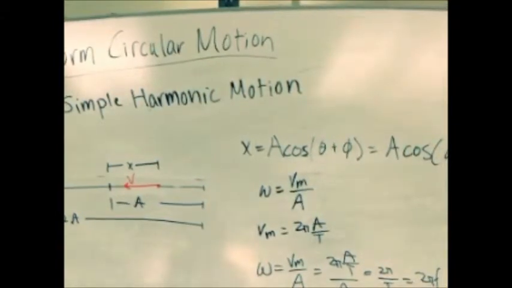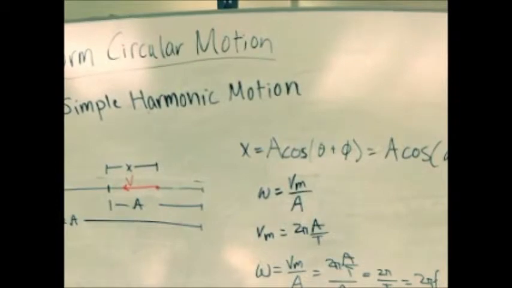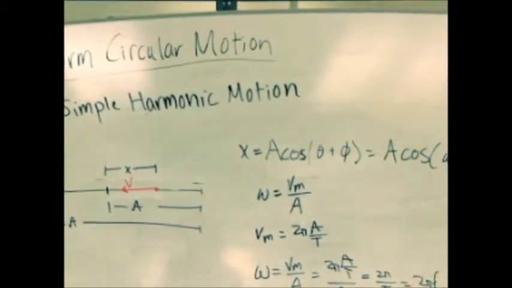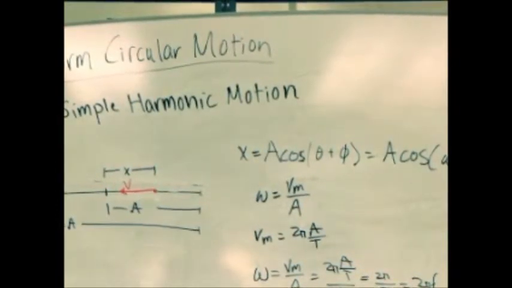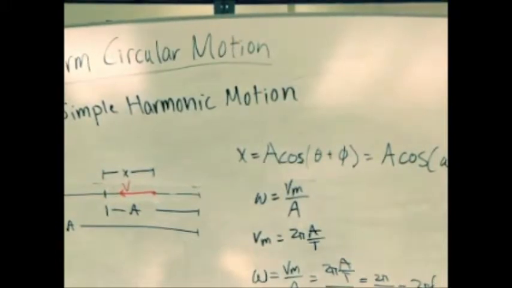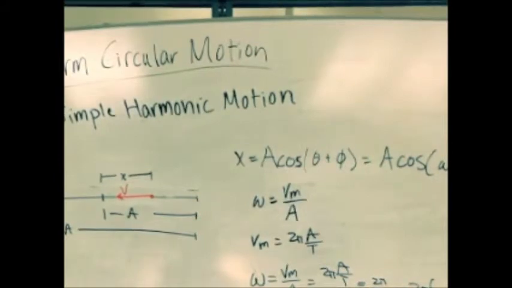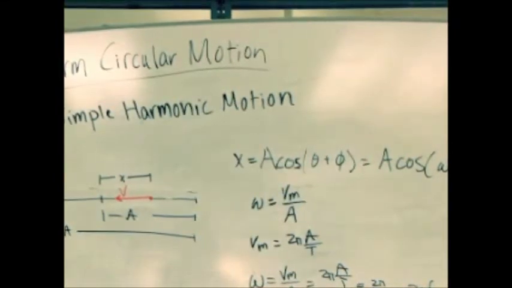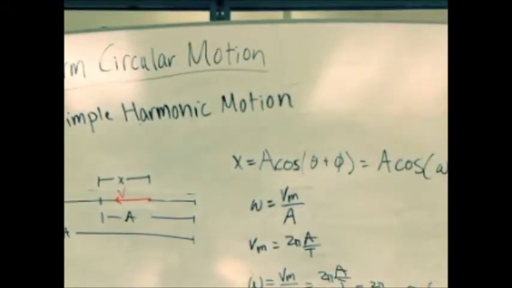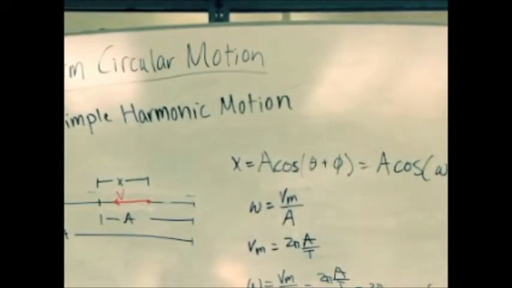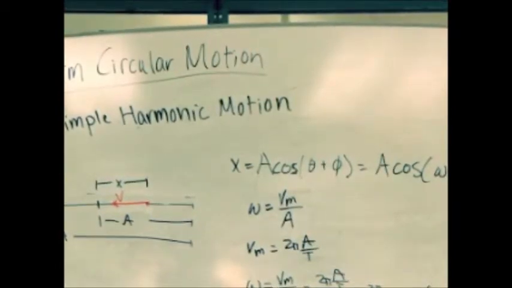So you get omega is equal to 2 pi times the frequency, which confirms our original top-down view of the circular motion, in which omega is equal to 2 pi times the frequency also.